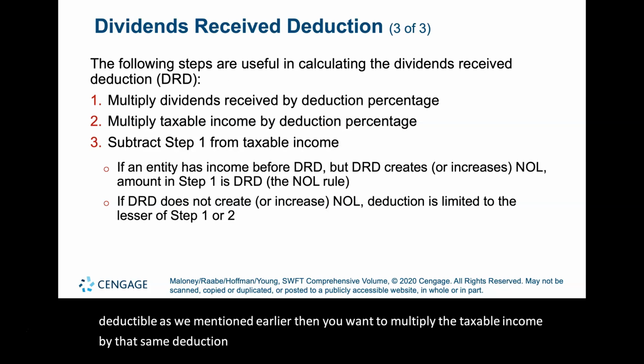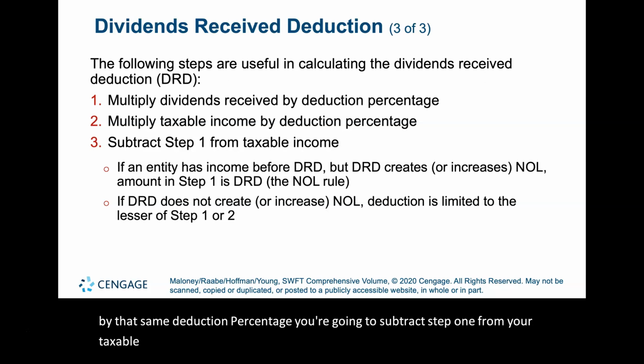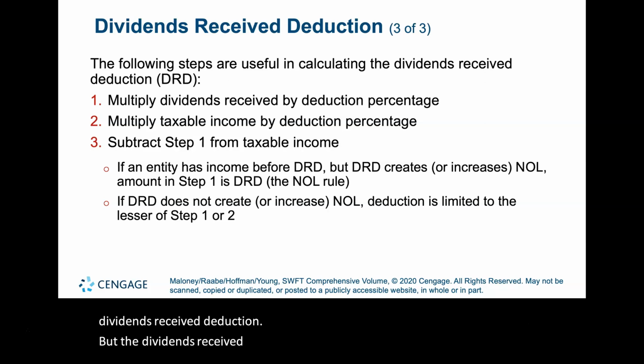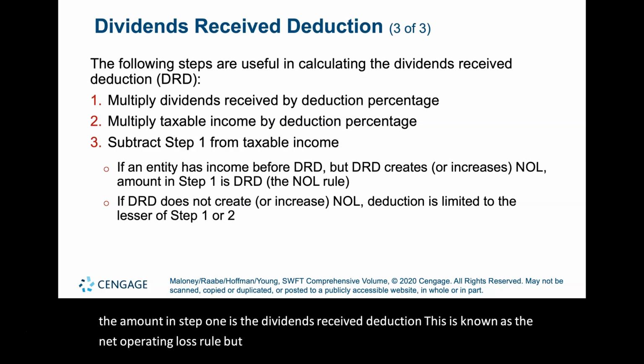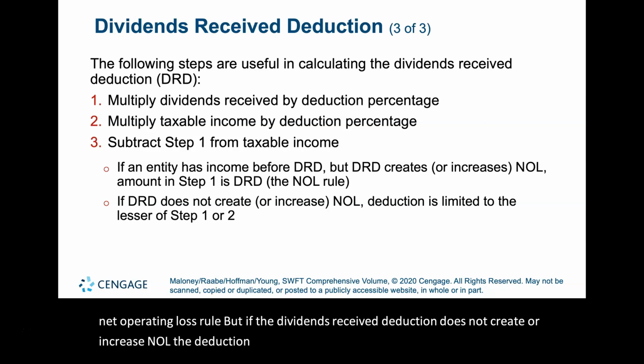You're going to subtract step one from your taxable income, and the resultant, if an entity has income before their dividends received deduction, but the dividends received deduction creates or increases our net operating loss, the amount in step one is the dividends received deduction. This is known as the net operating loss rule. But if the dividends received deduction does not create or increase NOL, the deduction is limited to the lesser of the first two steps.